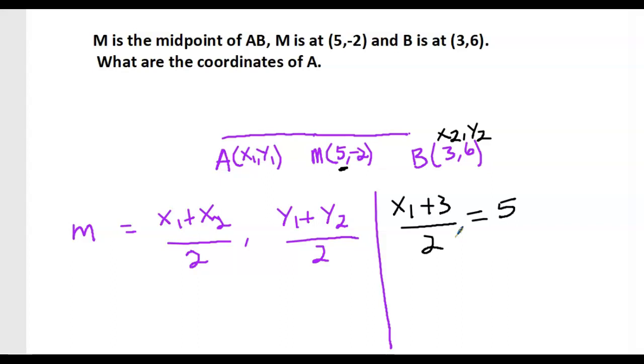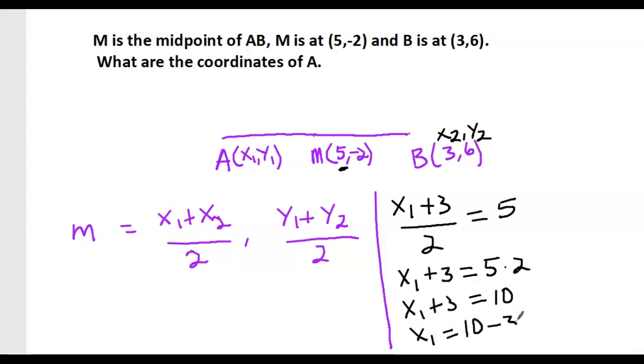Here you see solving a linear equation come into place. We multiply here: x1 plus 3 must equal 5 times 2, and we get 10 over there. x1 plus 3 equals 10. So we subtract 3 on both sides. x1 must equal 10 minus 3, and that gives us 7. So now we know x1 has to be 7.